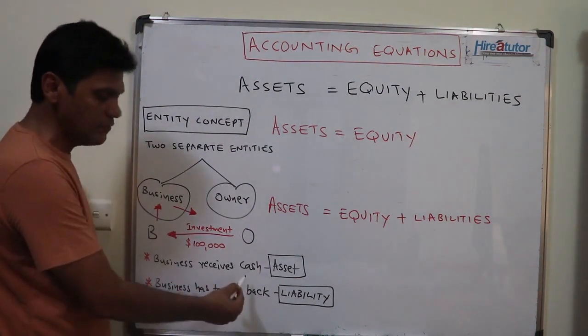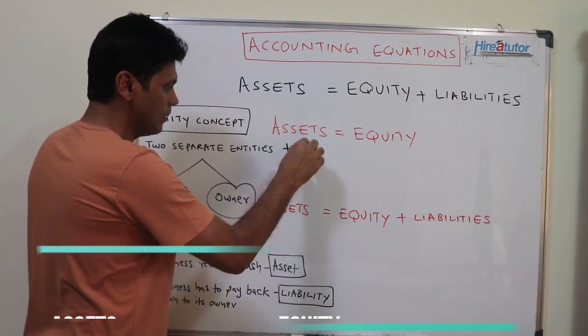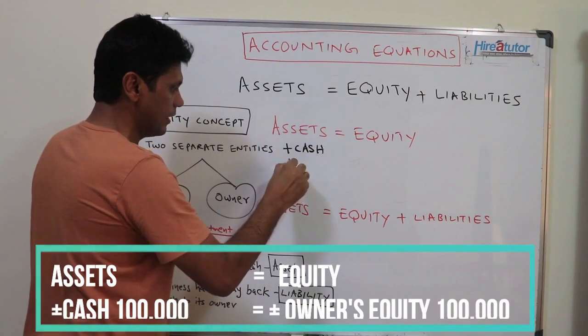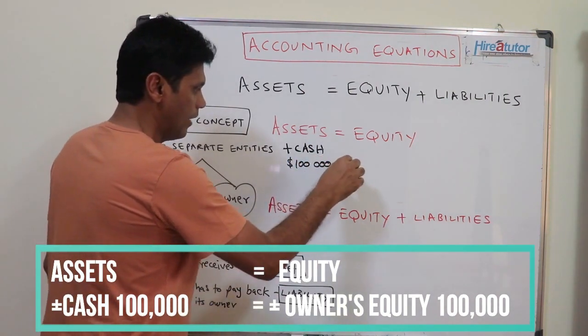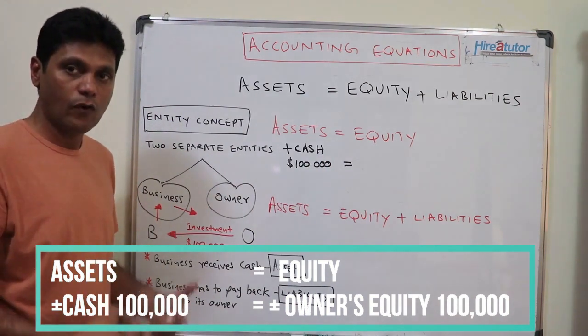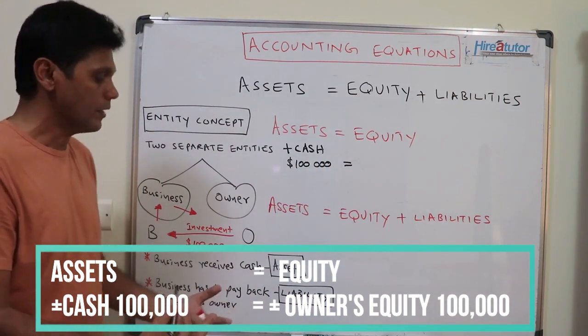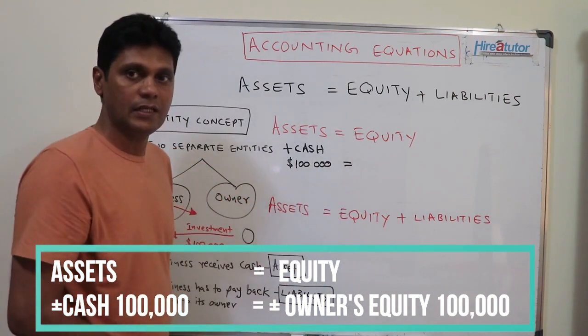When the business receives cash of $100,000, the cash of the business will increase by 100,000. It also creates a liability, as it owes a liability towards the owner. The liability towards the owner is known as the equity.